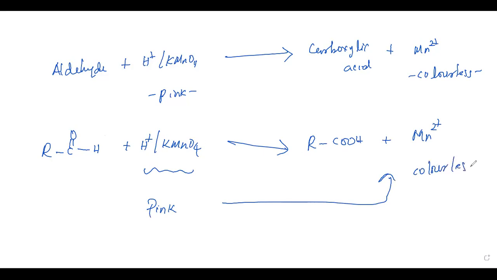So simply, if you have the permanganate solution and you add the aldehyde, the pink color will disappear. That is the observation: the aldehyde is completely oxidized into carboxylic acid.